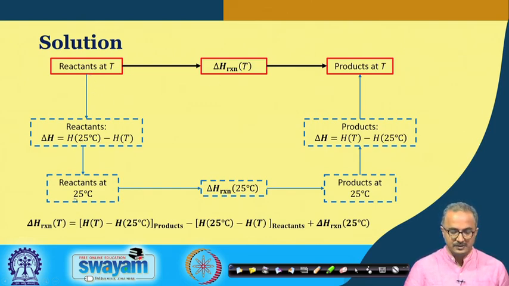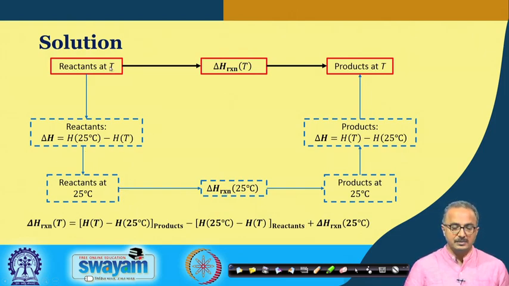So, this particular blue colored path shows how we calculate the heat of reaction for the given temperature. So, we assume that from 25 degree centigrade reactants are there and we take it to the given temperature, and this involves sensible heat. Okay, once it goes to that temperature, then we have the heat of reaction at 25 degrees centigrade.